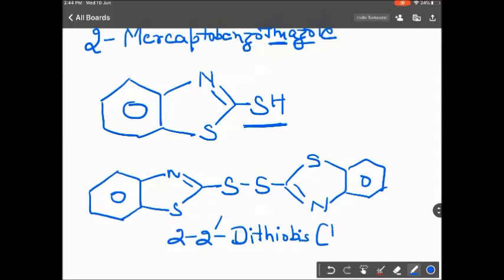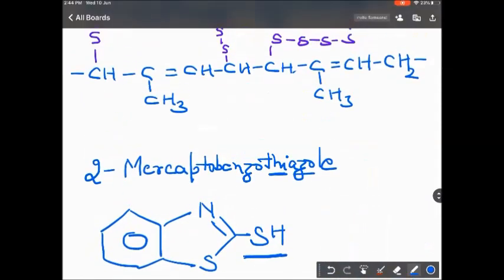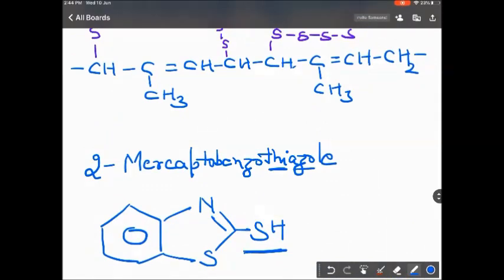Bis means twice. Benzothiazole. So these two compounds were used to accelerate the process of vulcanization.